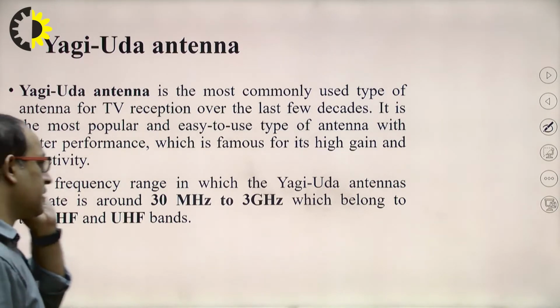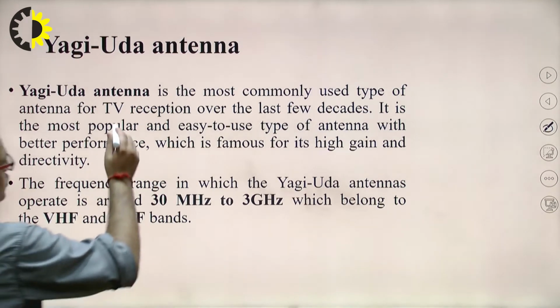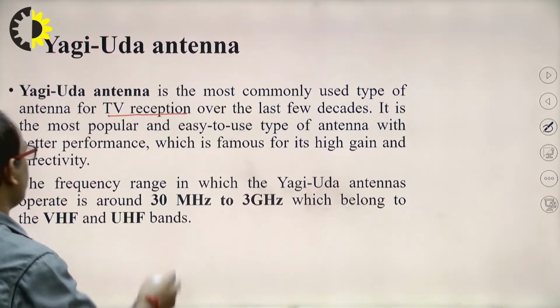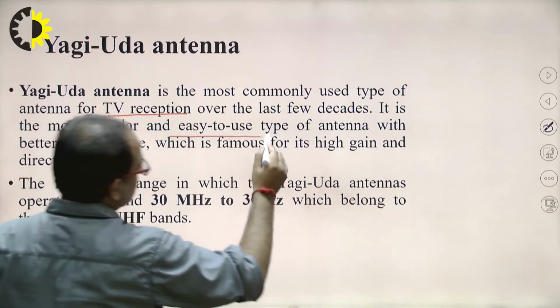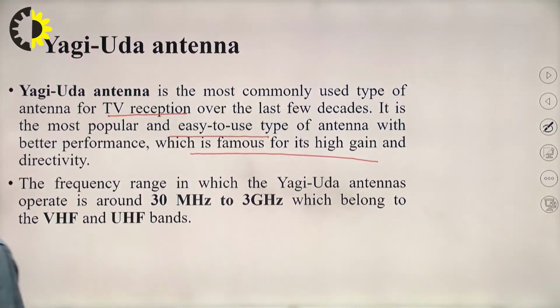In the earlier time, the Yagi-Uda antenna was mainly used for TV reception. Clear? And why is it most popular? Because it is easy to use and it has high gain and directivity. Clear?